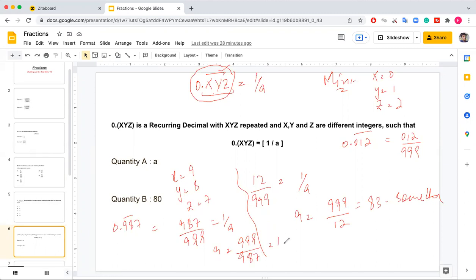This is 1 point something. So our value for a lies between 1 point something and 83 point something. Whatever the answer is D, because the value provided is 80, and that is in this range. That's why the result of this is D.